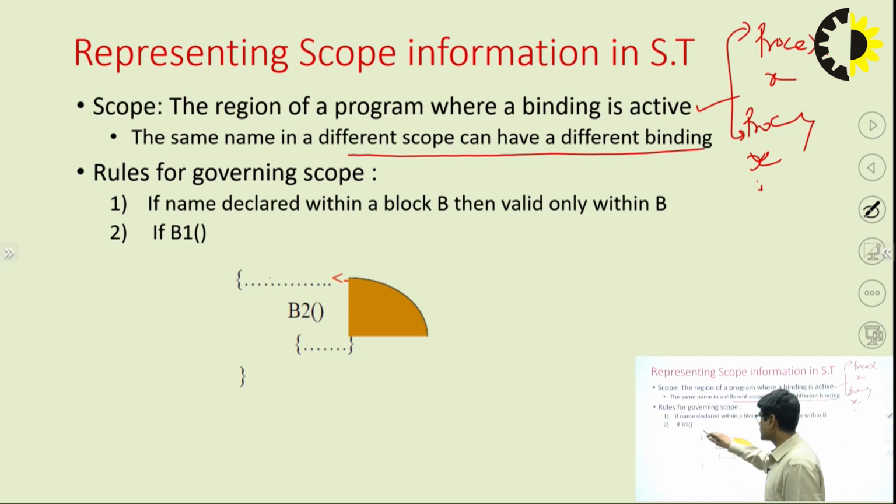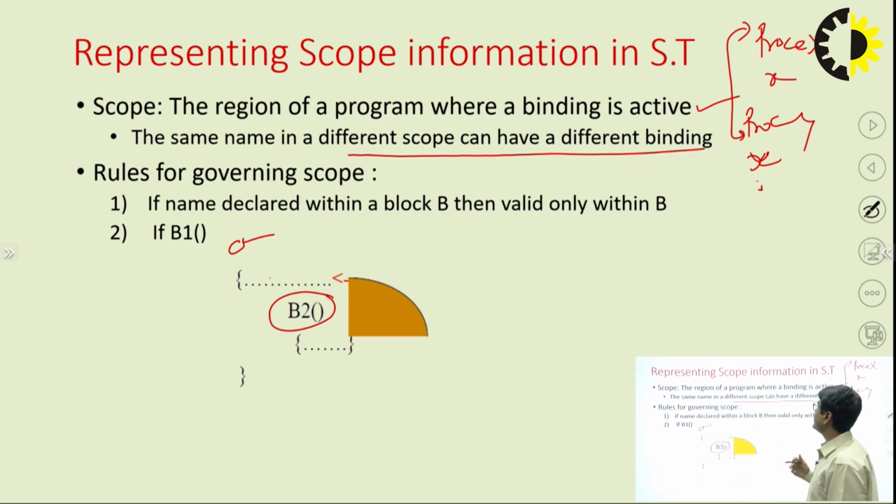Rules for governing scope: if a name is declared within a block B, then it is valid only within block B. Like if you are talking about B2, whatever variables are defined in B2 are declared only there, and the scope of this variable is only there. If you are defining any variable in that place, definitely the scope of this variable is here.